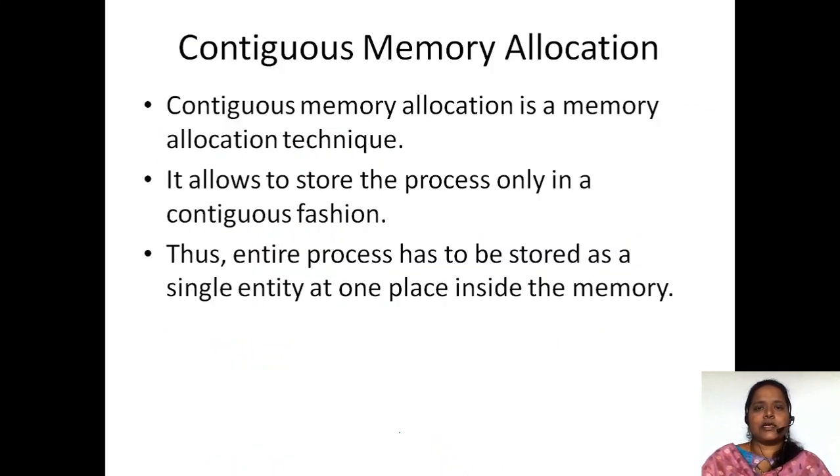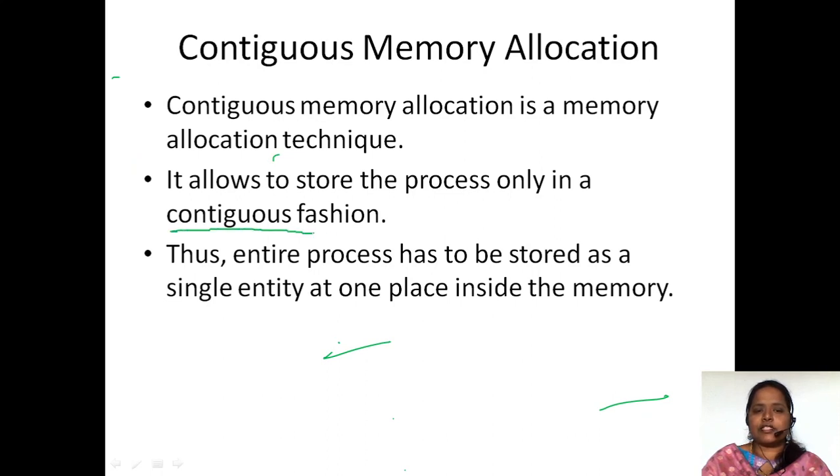In your syllabus you have only contiguous memory allocation. So what do you mean by contiguous memory allocation? Contiguous memory allocation is a memory allocation technique that allows storing processes only in a contiguous fashion, but not in a non-contiguous fashion.